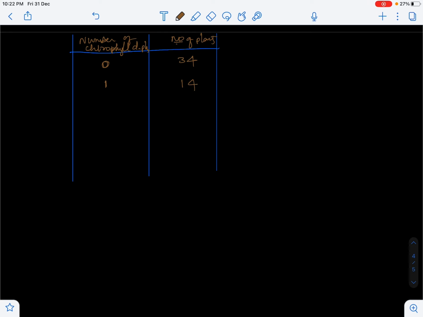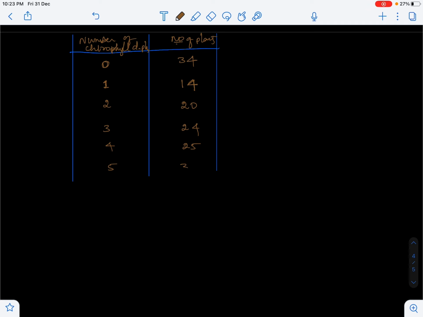The number of deficiency is 2, and the number of plants having 2 deficiency is 20. The number of deficiency is 3, and the number of plants having deficiency 3 is 24, and like that we have this set of observations.